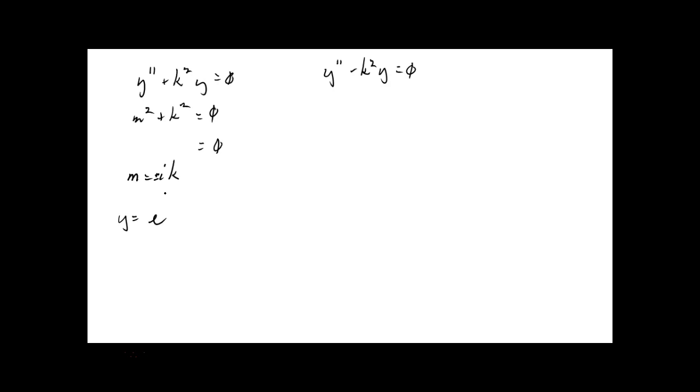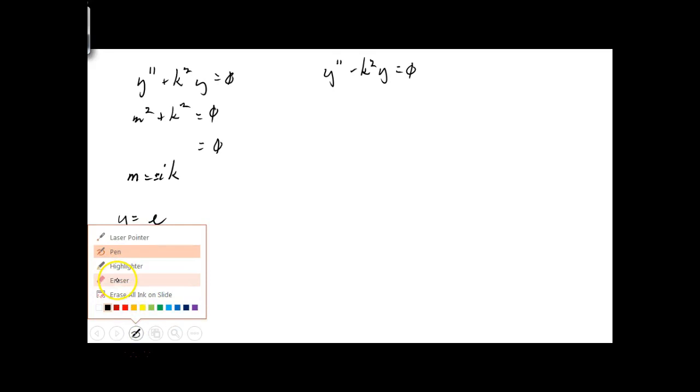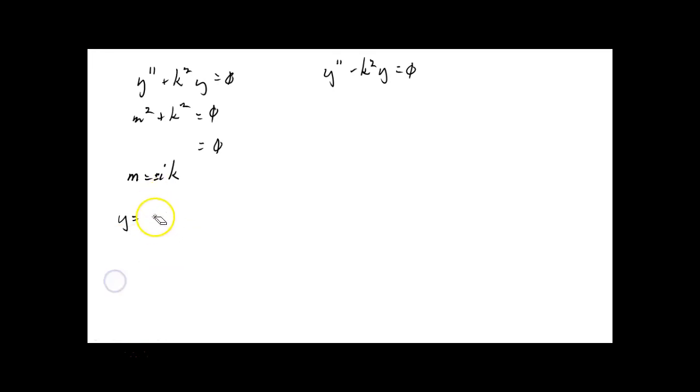M equals K. No. K is the imaginary part. The real part is 0. It's 0 plus or minus IK, right? Yes. So e to the 0x, which is just 1. So there's no e there. It's a 1. Okay. All right.